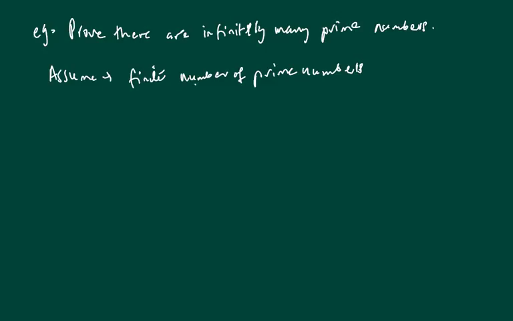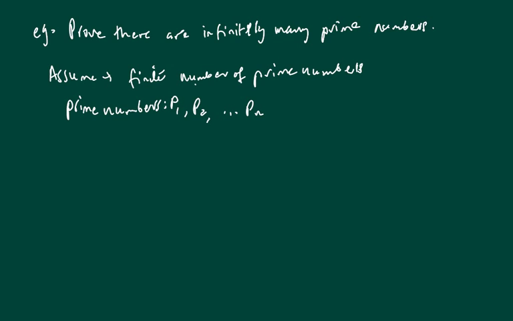So if we do have a finite number of prime numbers, then we can obviously list them. Let's say prime numbers P1, P2, all the way to Pn. So I'll say there's a finite number of prime numbers.